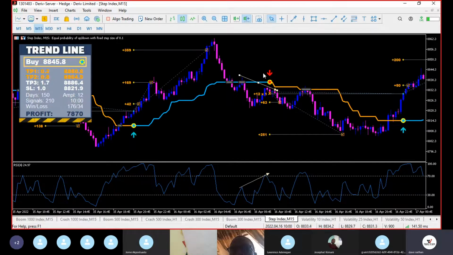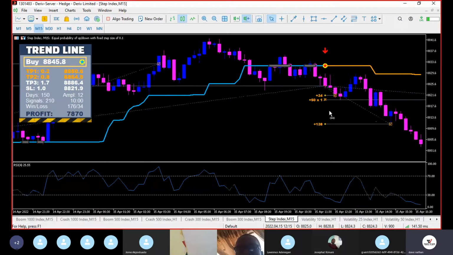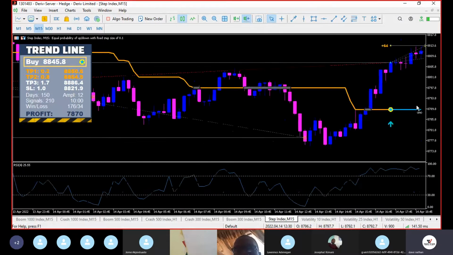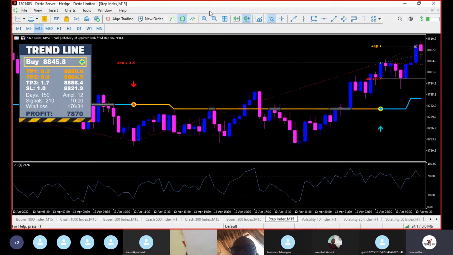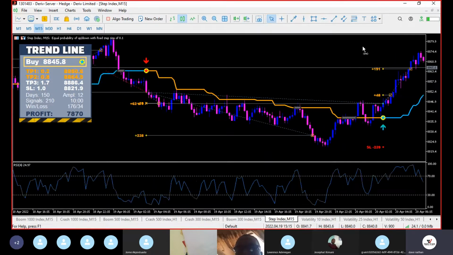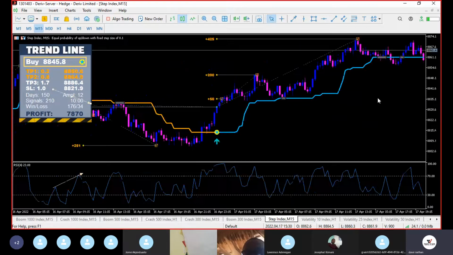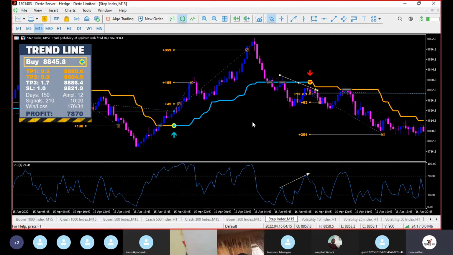The sell signal was coming with a divergence, and you can see how beautifully this moved in your favor. Where is that place again? Sorry. Yeah, so we had a divergence plus sell signal. Beautiful setup. I would have taken this.